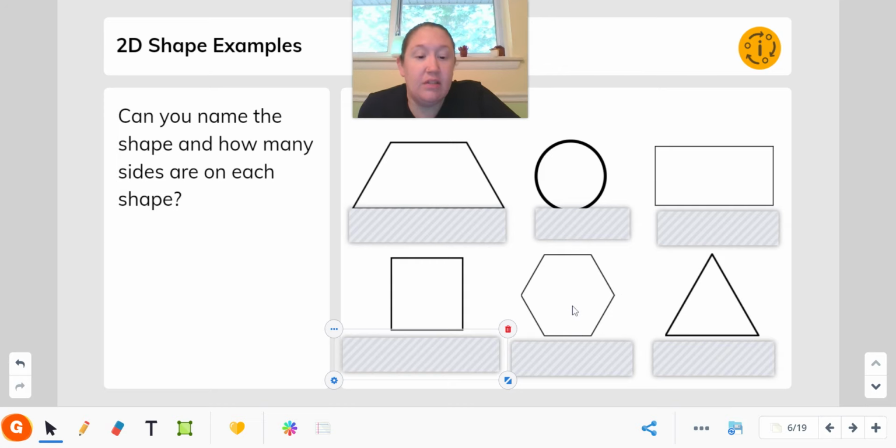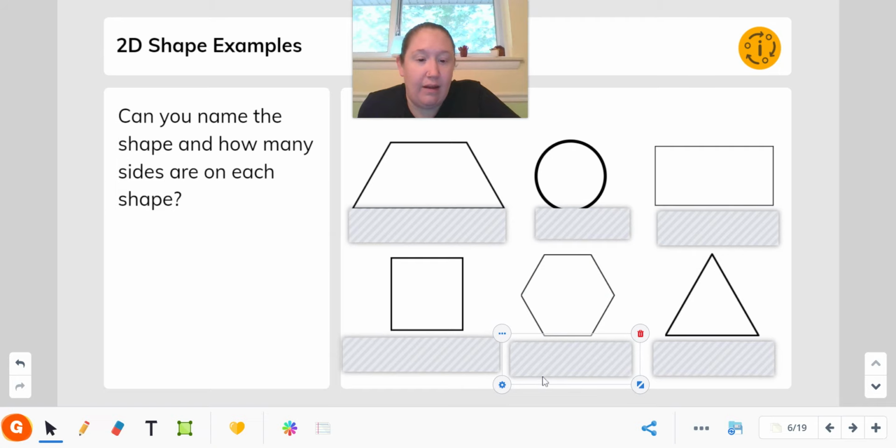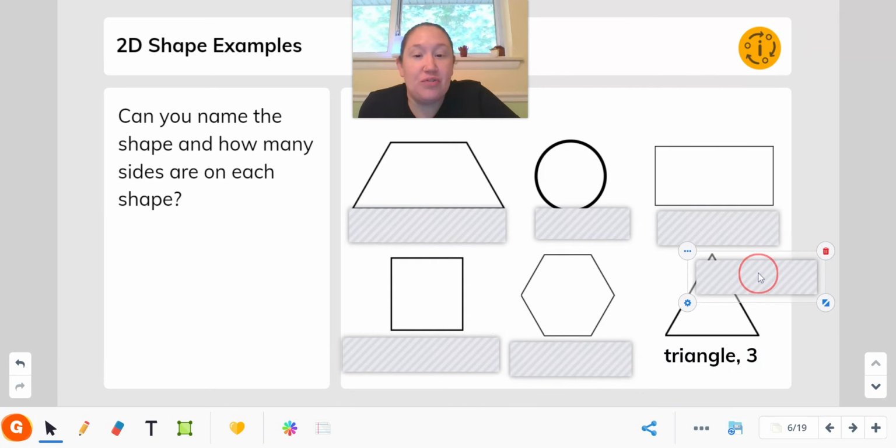This is a little trickier. 6 sides is called a hexagon. Hexagon, 6 sides. And here's an easy one. 1, 2, 3 sides. What do you guys think this is? It is a triangle.